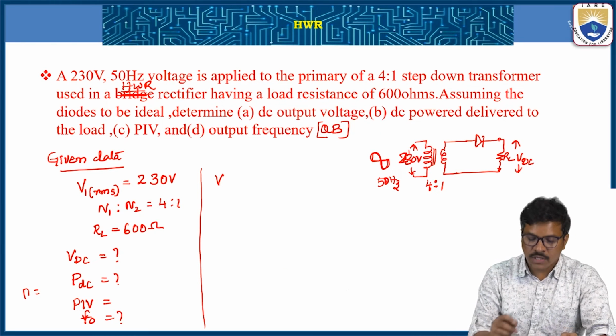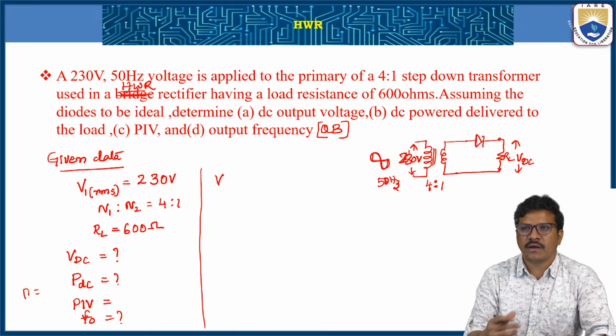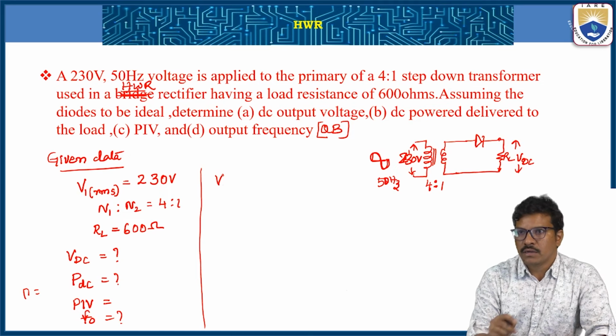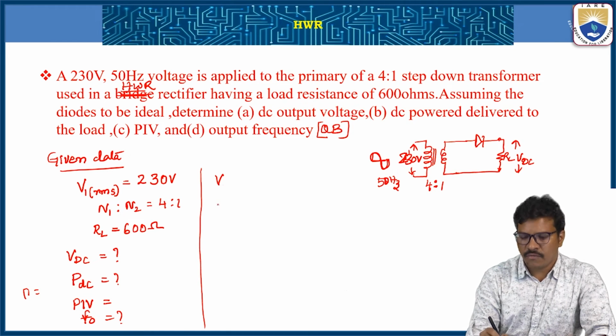In order to find out this VDC, PDC, and peak inverse voltage, the primary factor to be applied is the DC voltage. VDC is equal to Vm by pi. So we need Vm. How to get Vm? This Vm is extracted from the VRMS.